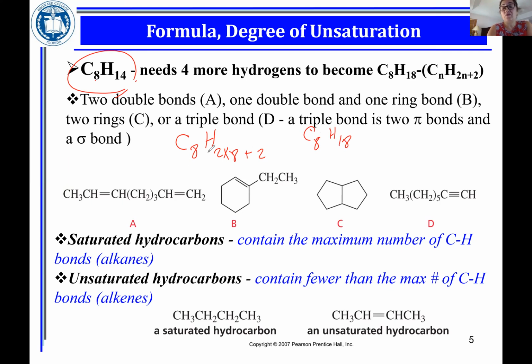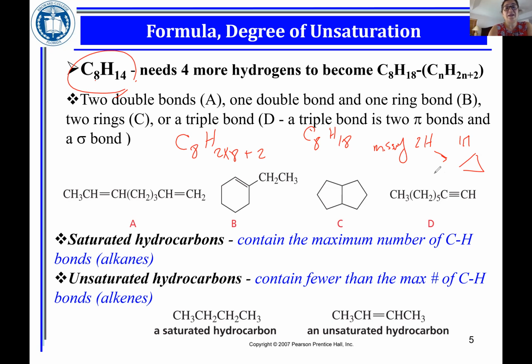We are missing 4, and since every 2 hydrogens count for 1 element of unsaturation, it could be 1 pi bond, or 1 cyclic system.